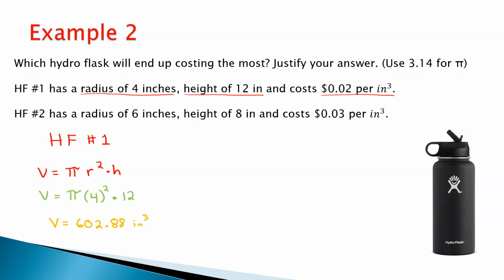So that's the volume of the first hydro flask, but I want to know the cost. Well, it's right here. It costs us 2 cents per cubic inch. So what we're going to do is multiply that volume times 0.02, 2 cents, the cost per cubic inch. So you're really just multiplying by 0.02.